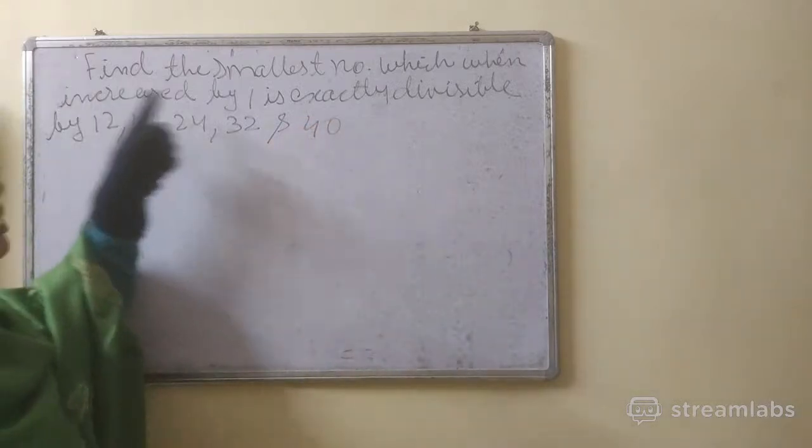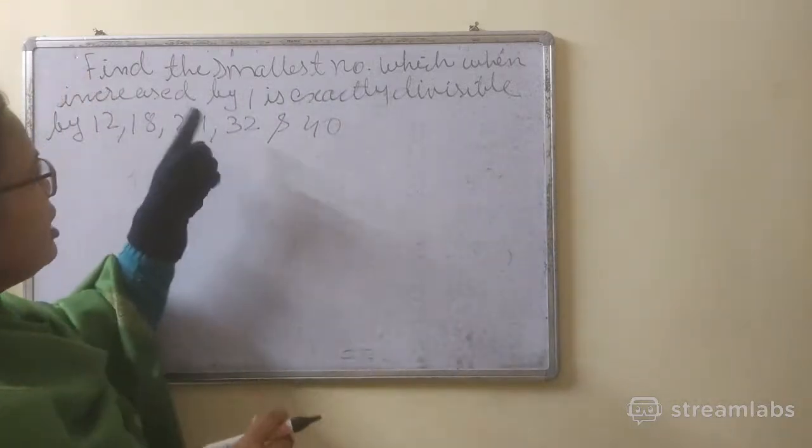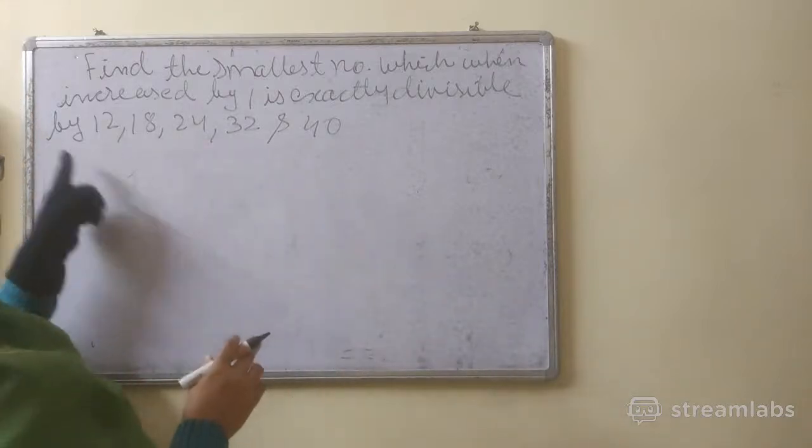Okay. So to find the smallest number which when increased by 1 is exactly divisible by these numbers.